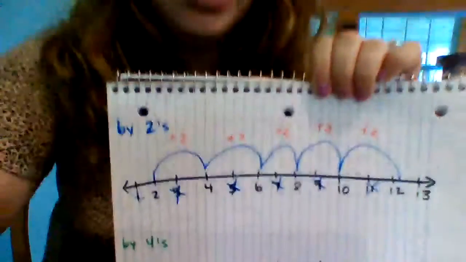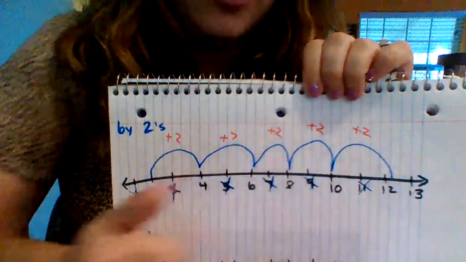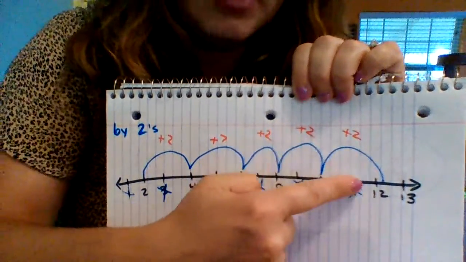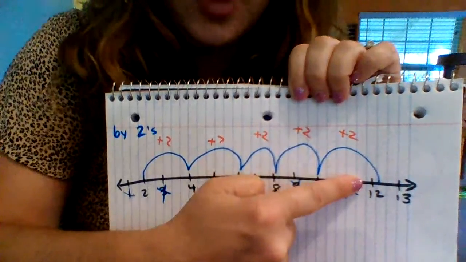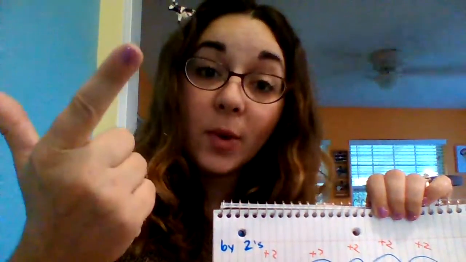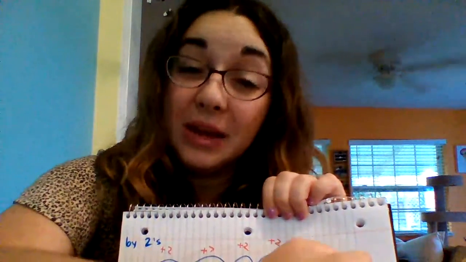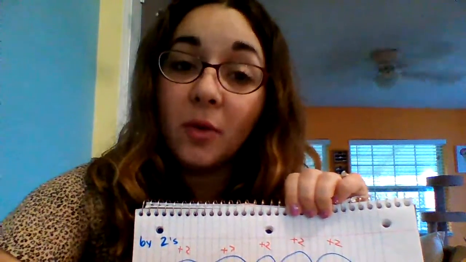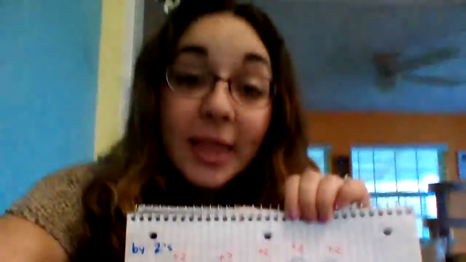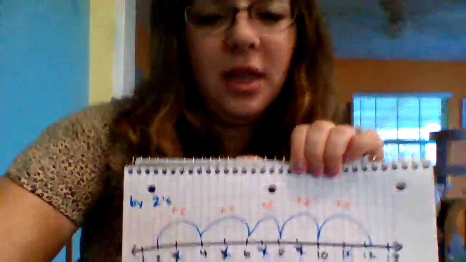So let's say you want to find what comes after 12, right? You can find what would come after 12, even though it's not showing on this number line, okay? You would do 12 plus 2. 12, 13, 14. 14 is the next number when you skip count by twos, okay? So this is how we skip count by twos, and that's why they call it skip counting, okay?